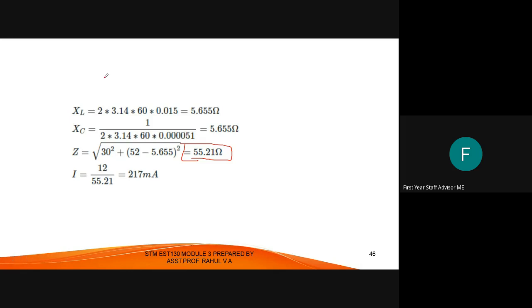First they have calculated XL using the equation 2 pi fL. Then the second is XC, 1 by 2 pi fC.